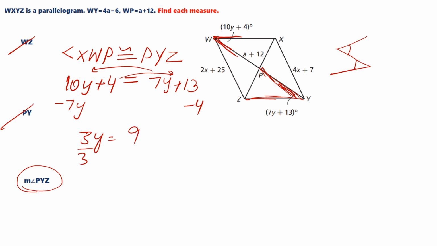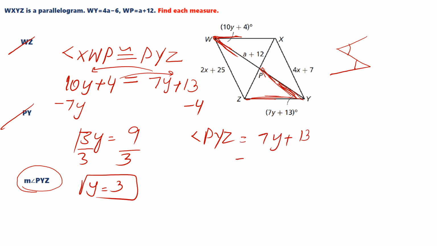Divide both sides by 3, so y equals 3. Now what we have to find is angle PYZ, which is actually 7y plus 13. So we write 7 times 3, 21, 21 plus 13 equals 34. So this is how we solve this angle.